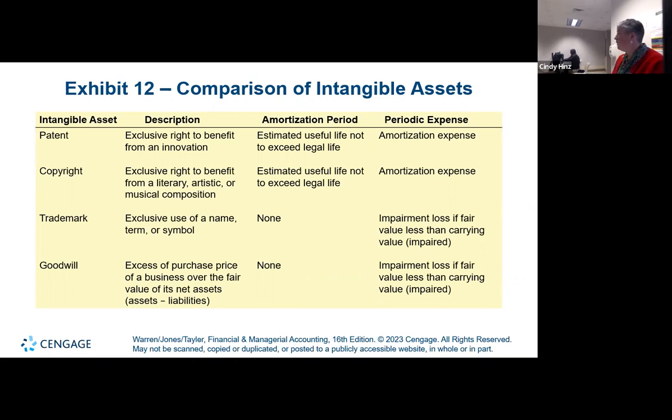You think that's going to harm the reputation of Honest John's Pizzeria if word gets out that a family was sickened based on something they ate from your restaurant? True or not? Yeah. The value of that goodwill is going to go down. And so you write that off, that impairment loss.